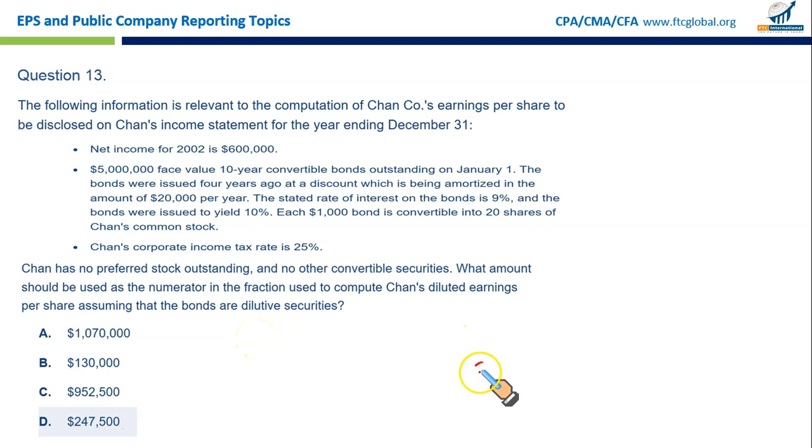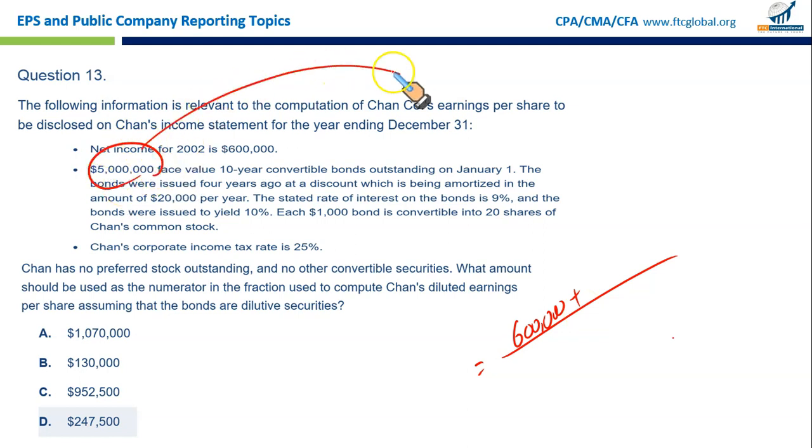If this is so, we need to adjust the numerator for the interest saved. So this is the net income, to which we add back the interest saved. What is the amount of interest we pay? $5 million multiplied by the stated rate. This is the interest payment every year. Now the key point here, which most of you might ignore, they have a discount on bond issue which they are amortizing $20,000 per year.